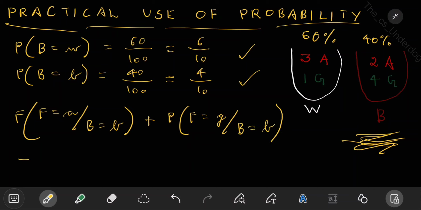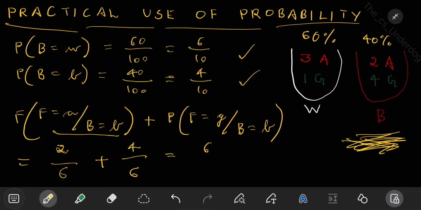What is the total probability? Fruit equal to apple given bag equal to brown: you go to the brown bag, there are a total of 6 fruits out of which 2 are apple. Plus, what is the probability of fruit equal to guava given bag equal to brown? A total of 6 fruits out of which 4 are guava. So the total is 6 by 6, which is 1. So whenever you sum up all the probabilities, you will get 1.